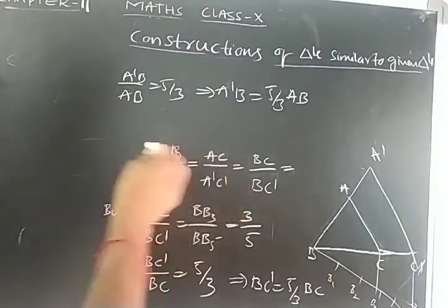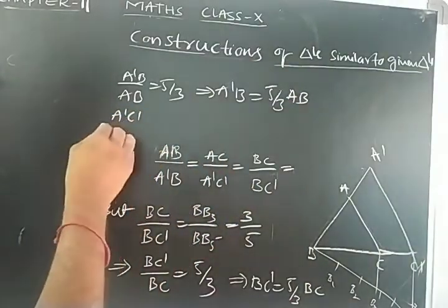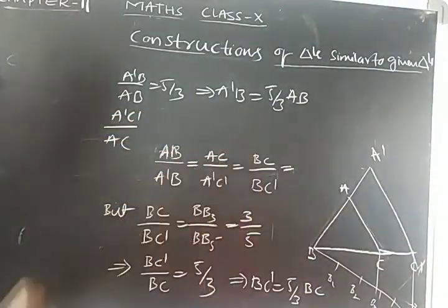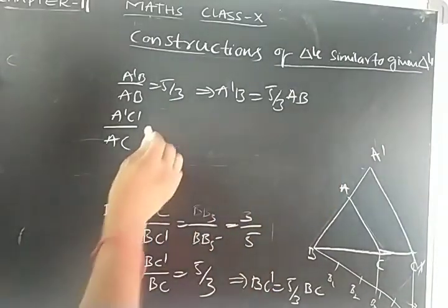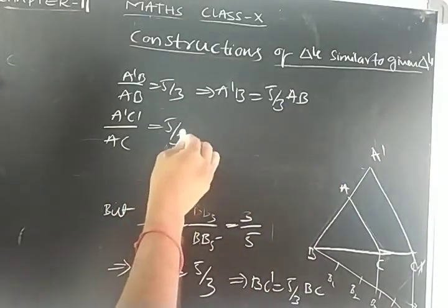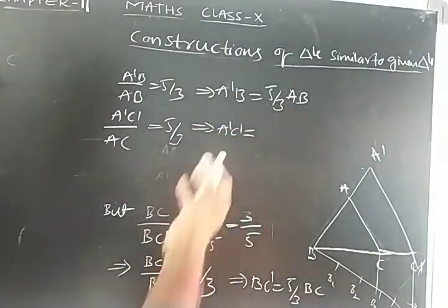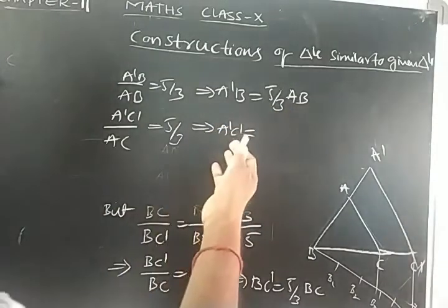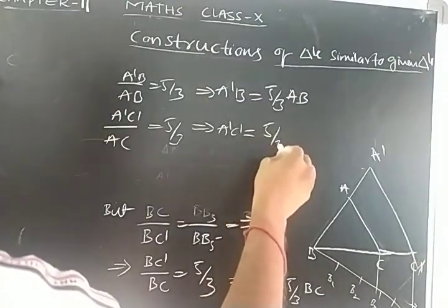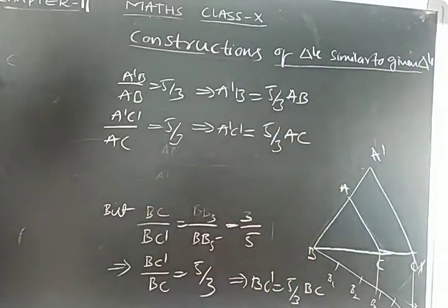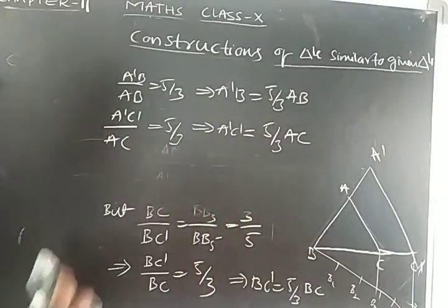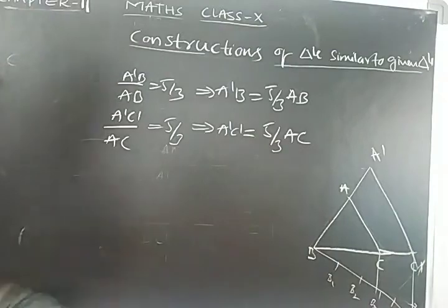Next, taking the reciprocal of the ratio, A dash C dash by AC is again equal to 5 by 3. Again from this we can show that the newly constructed side A dash C dash is 5 by 3 of the given triangle's side. So this is the way to justify the given construction.